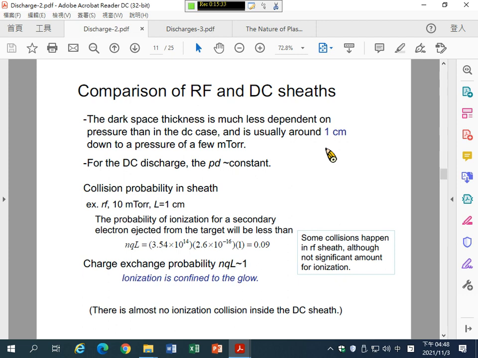For the RF discharge, the sheath is about 1 centimeter, so the sheath length does not change with pressure in this range of gas pressure.